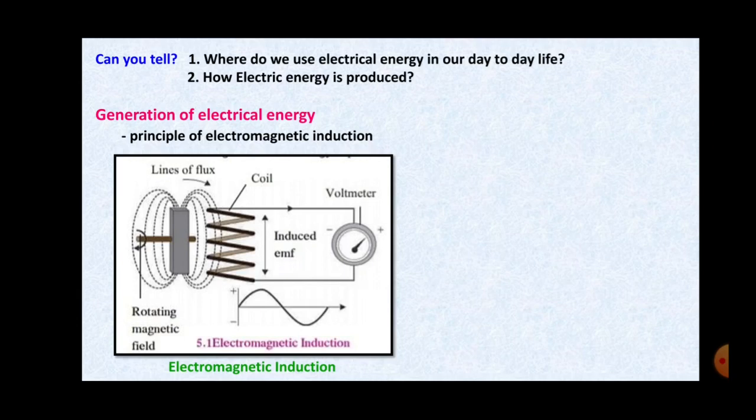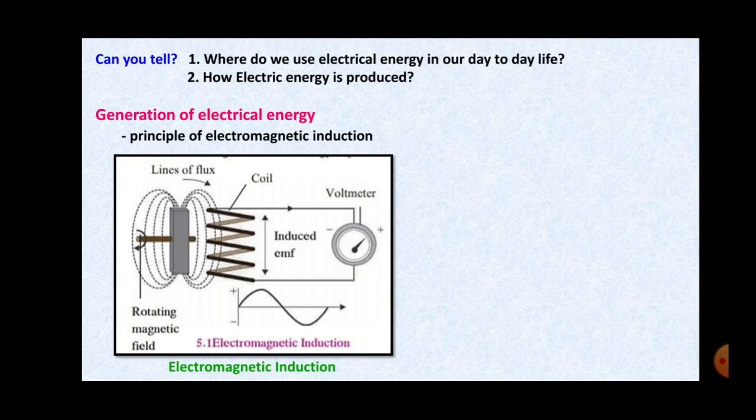Before we start with the principle of electromagnetic induction, you should know who invented it. Any guesses? Michael Faraday was the scientist who invented the principle of electromagnetic induction, and this is the principle which is largely used in generation of electricity.